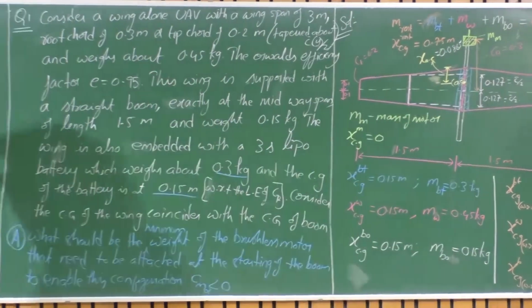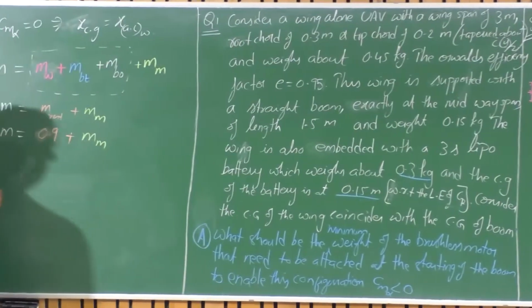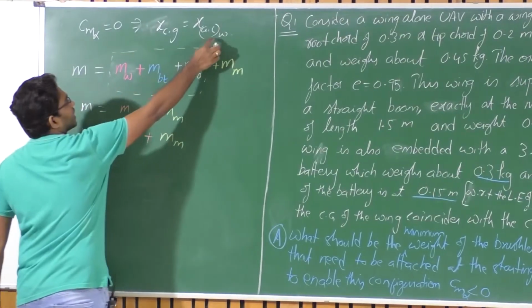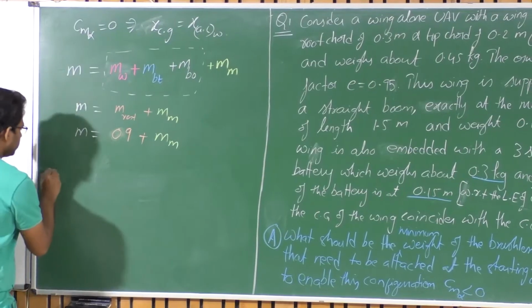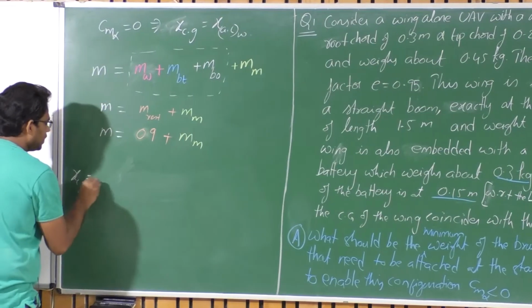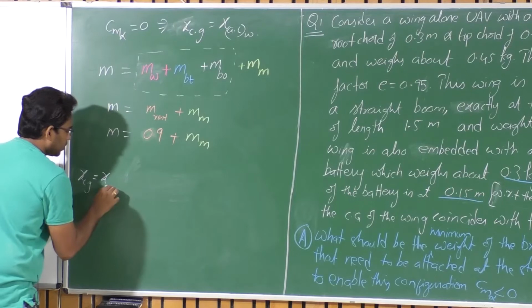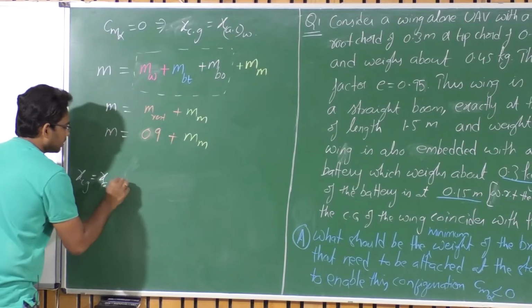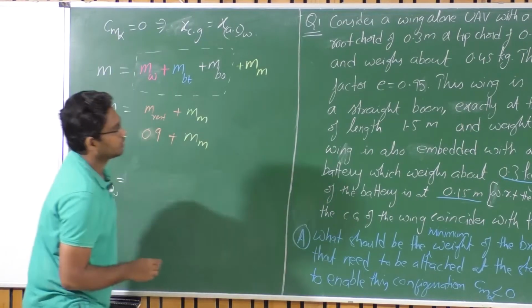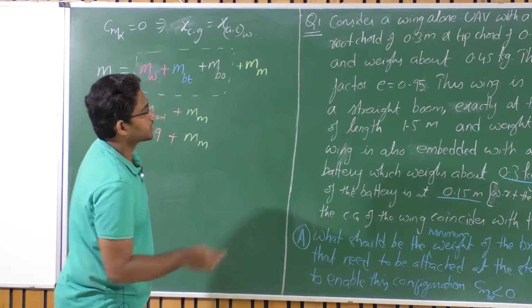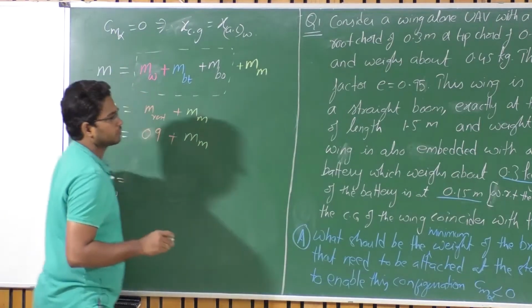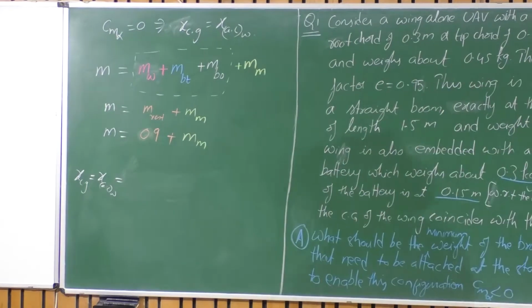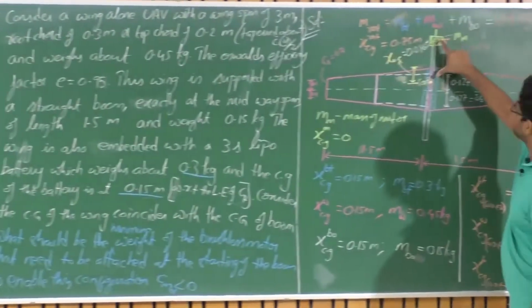With that assumption, the new CG I need is the aerodynamic center of the wing. What is the aerodynamic center of this wing with respect to the leading edge of the boom?